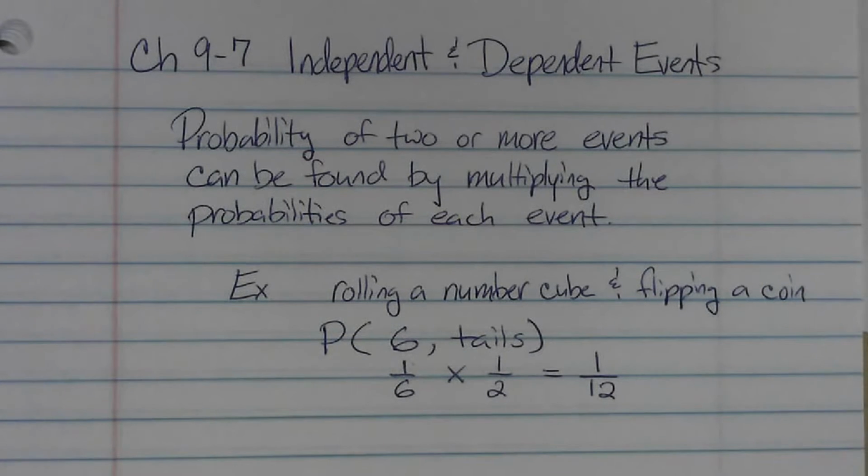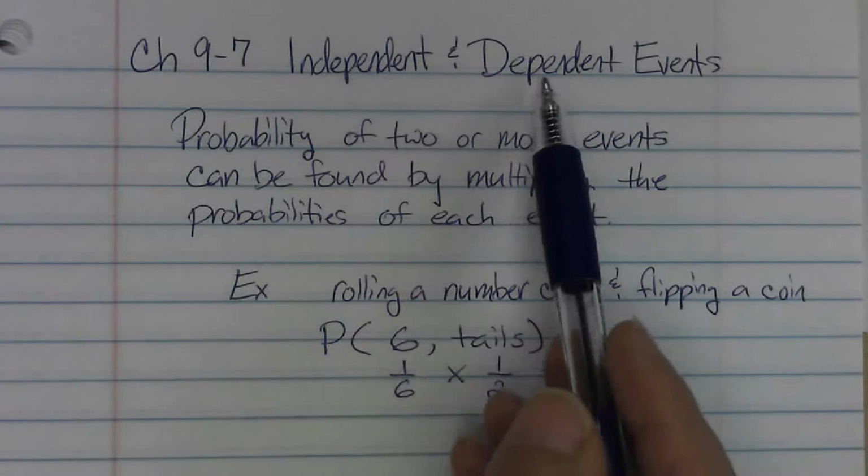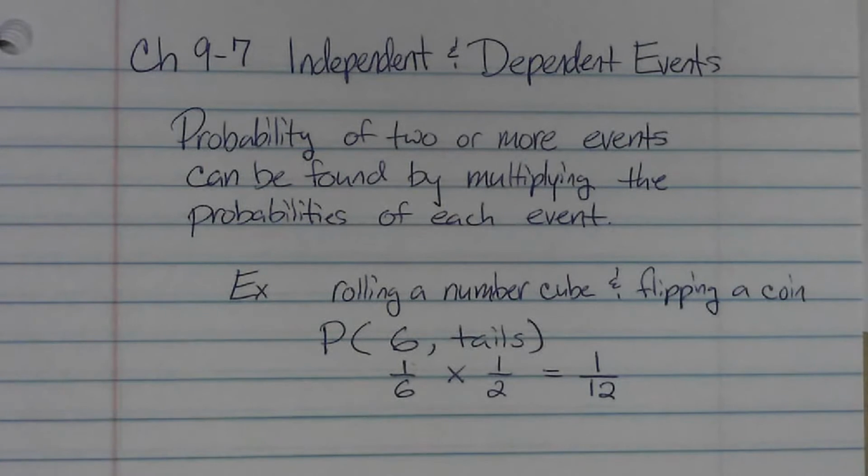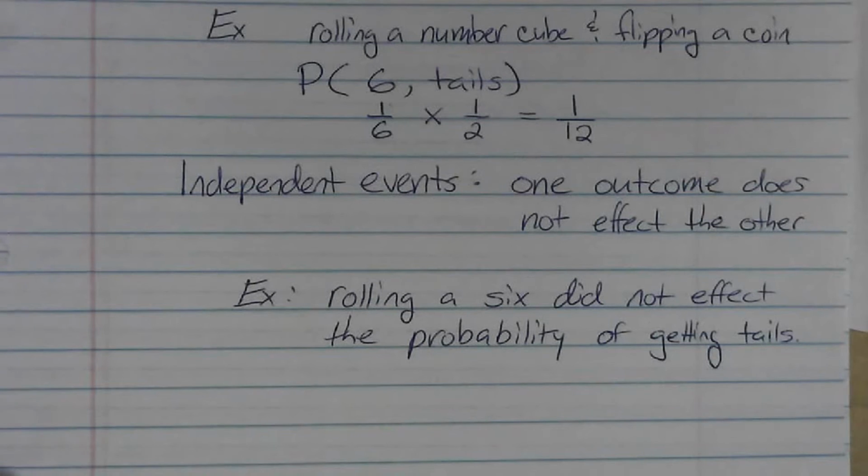Alright, next, since the name of this section was independent and dependent events, let's talk about what they are. Independent events are events where one outcome does not affect the other at all. Whatever happens with the first event has no bearing on the probability of the second event taking place. With the example we just looked at, when we rolled the number cube and flipped the coin, rolling a 6 did not affect the probability of getting tails at all.